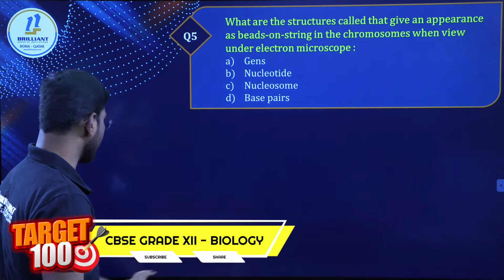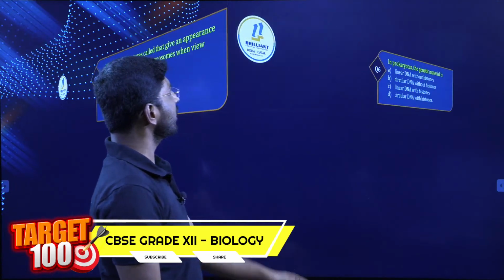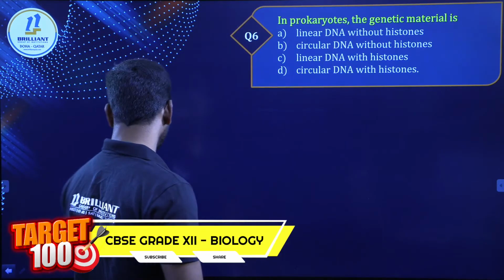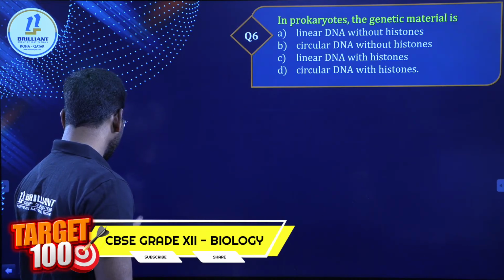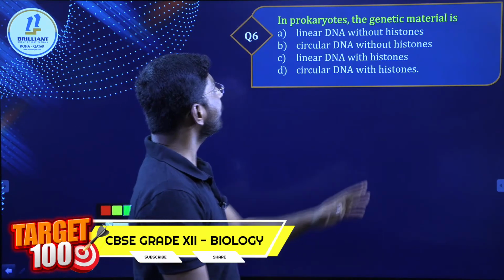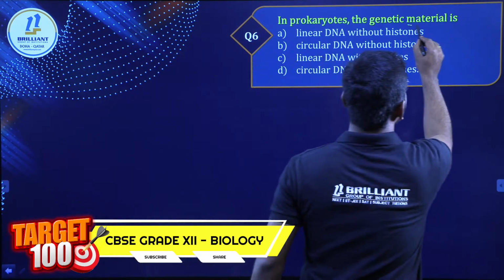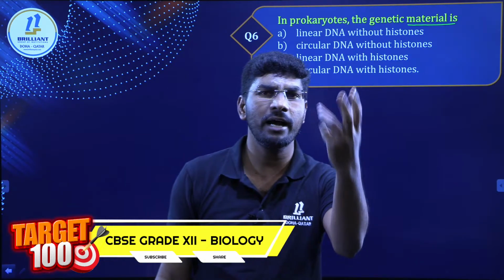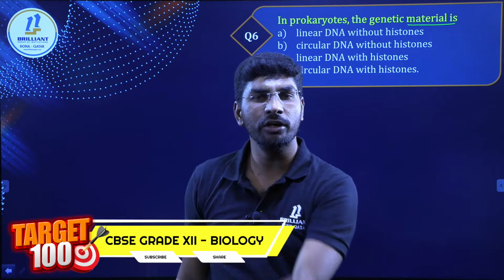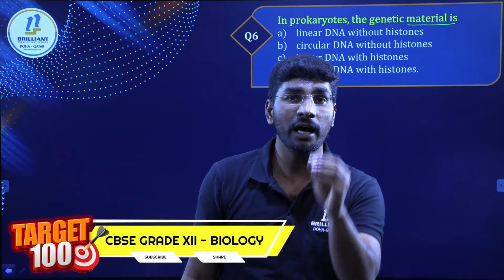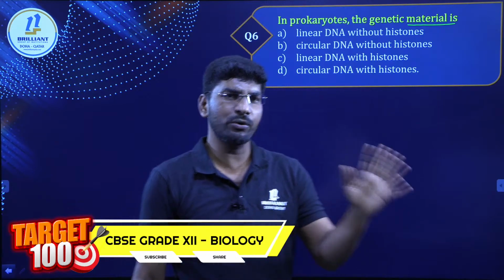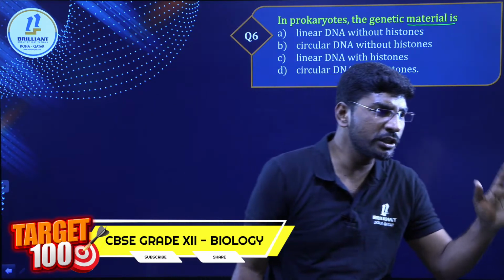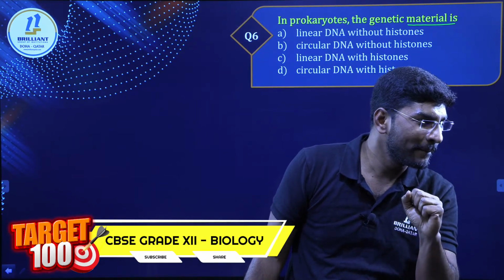Question number 6. This is a very simple question. Can any one of you do this question? In prokaryotes, the genetic material, prokaryotes mean bacteria, Monera kingdom. I have a question. In prokaryotes, are histone proteins there?